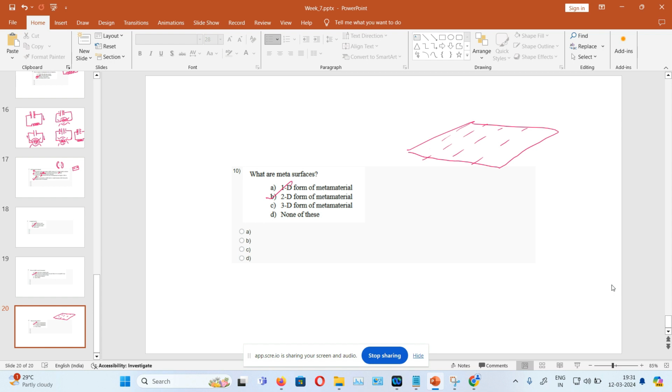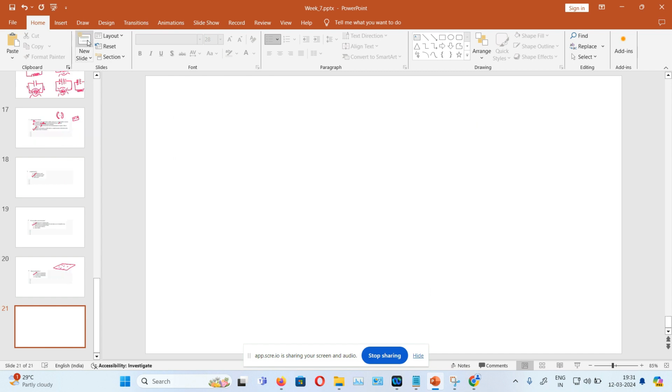Now let us talk about some extra things about our optical fiber. We know that when a ray comes from a denser medium to a rarer medium with an angle of incidence more than the critical angle, it will completely reflect back into the denser medium itself.